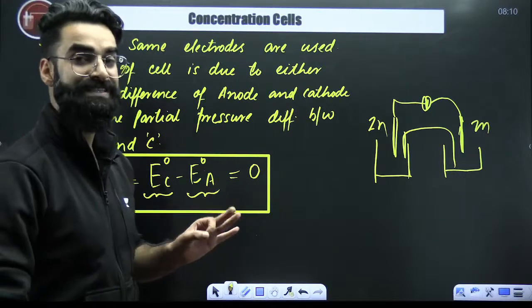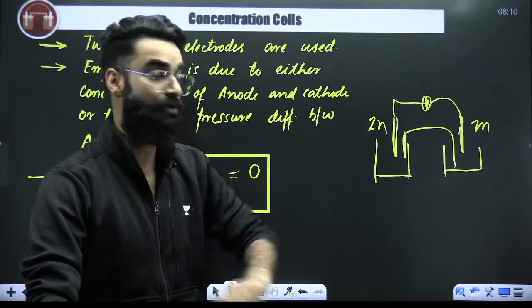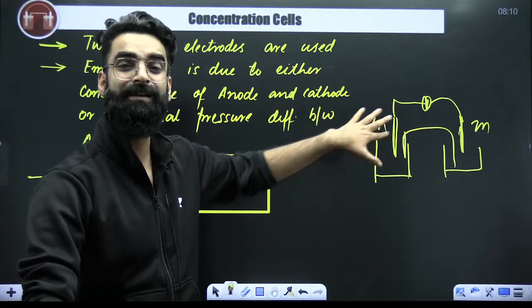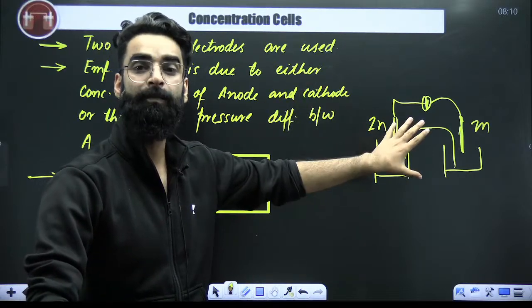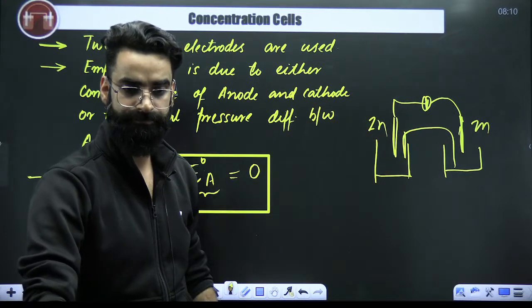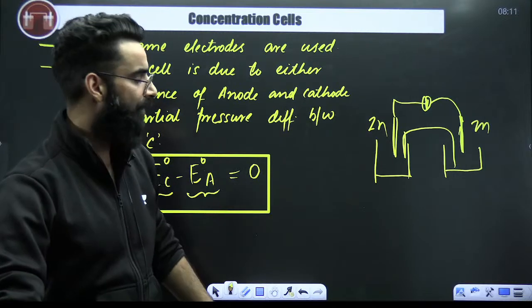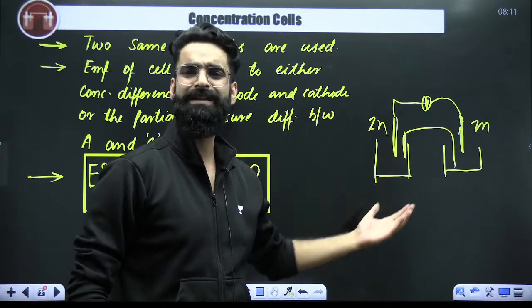So in case of concentration cells, I'll be using two same electrodes, connecting them externally as well as internally, and getting a complete cell. What about E naught cell for this cell? E naught cell will be equal to E naught cathode minus E naught anode.